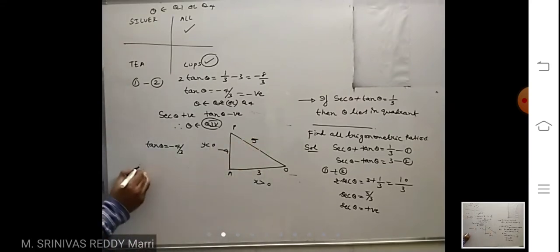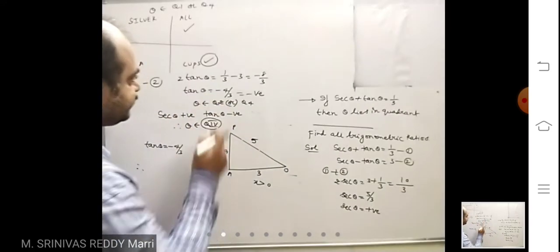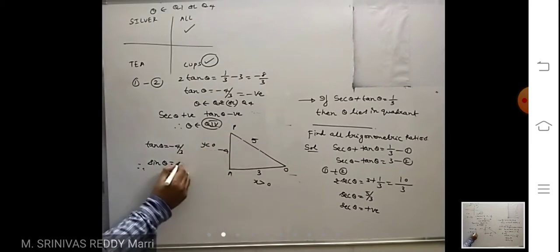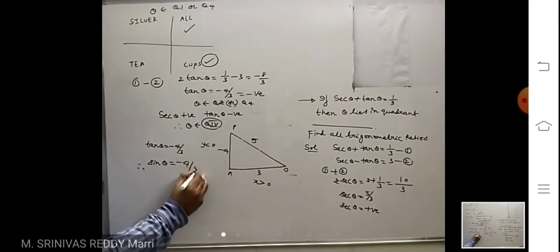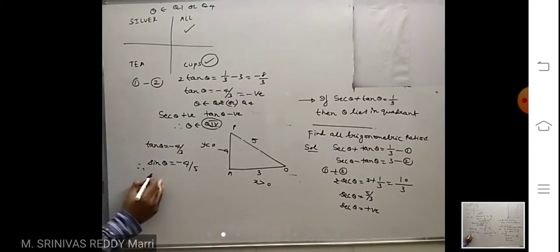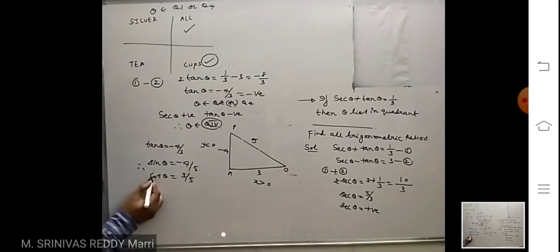Therefore, sin theta is nothing but minus 4 divided by 5. Then cos theta is nothing but 3 divided by 5. In quadrant 4, cos theta will be positive.